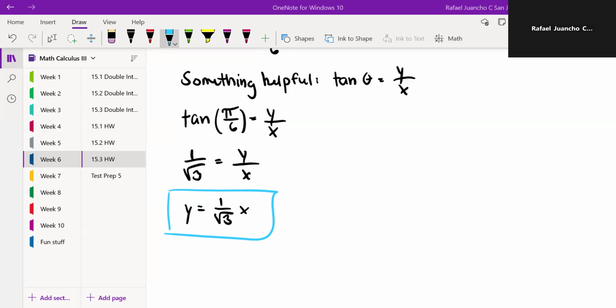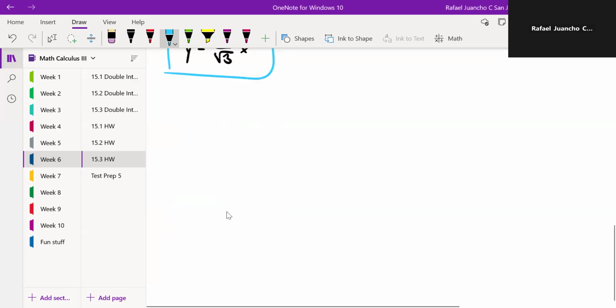So now we're gonna do it in reverse. So instead of us being given the polar equation, now we're given the Cartesian curve or Cartesian equation. So here it's basically reversed.